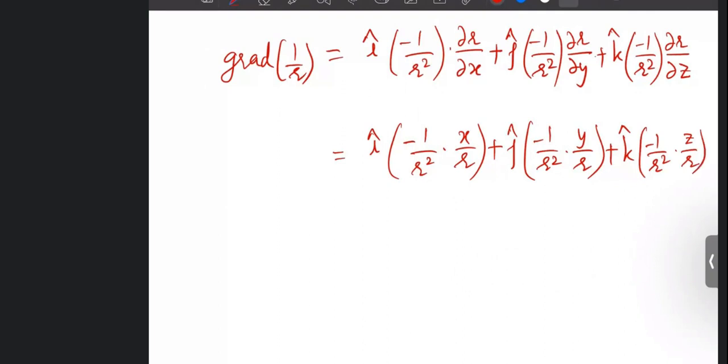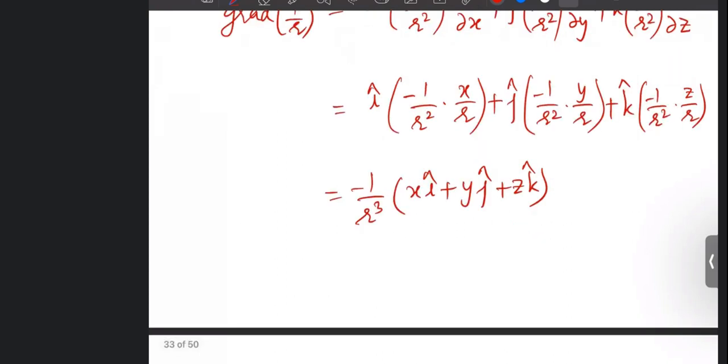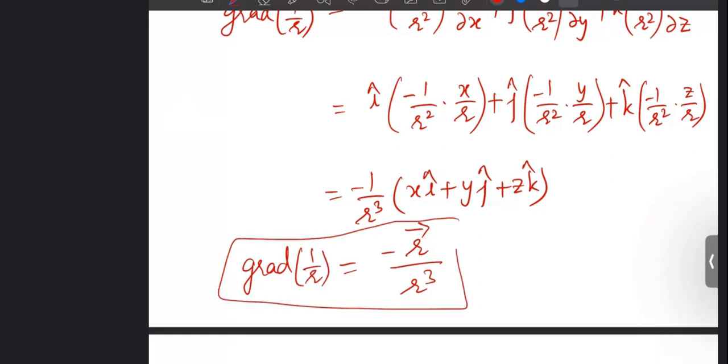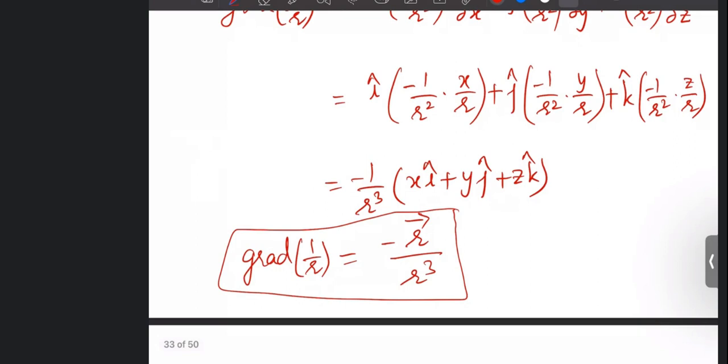Then consider minus 1 upon r cube as the LCM, and the remaining will be xi plus yj plus zk, which is equal to the vector r. Hence the result, that is minus the vector r divided by r cube. This is to be proved. That is, the gradient of 1 by r is equal to minus the vector r divided by r cube.